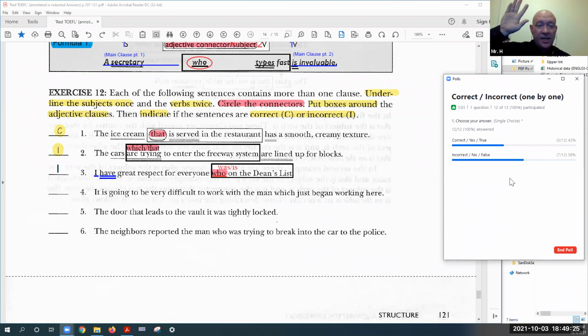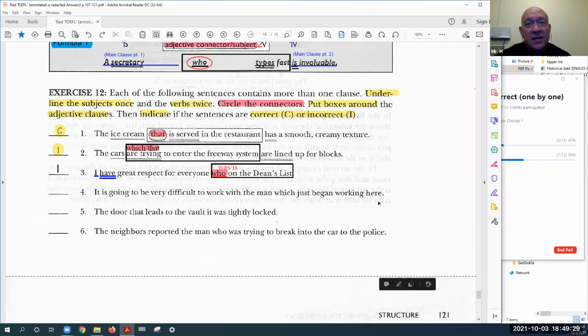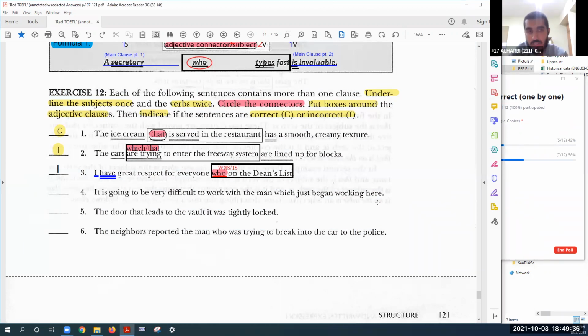Okay. All right. Harvey, let's take you. Let's find subjects and verbs, okay? It is a first subject. Is going, first verb. Actually, it's four parts. Is going to be. Yeah. And then which is both the second subject and connector.